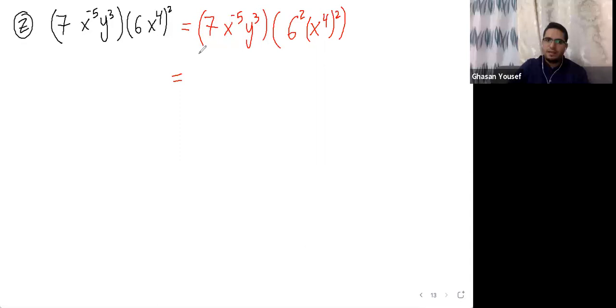Now combining the numbers together and the same letters to each other.